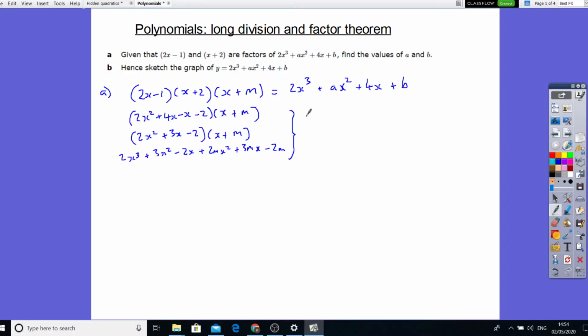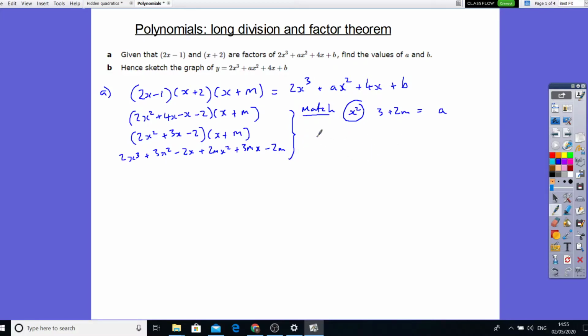So let's match the x squareds first. How many x squareds have I got here? I've got 3x squared there, so I've got 3, and I've got plus 2m. That's going to equal, on the right hand side, a. Okay, so I'll sort that out in a second once I find what m is.